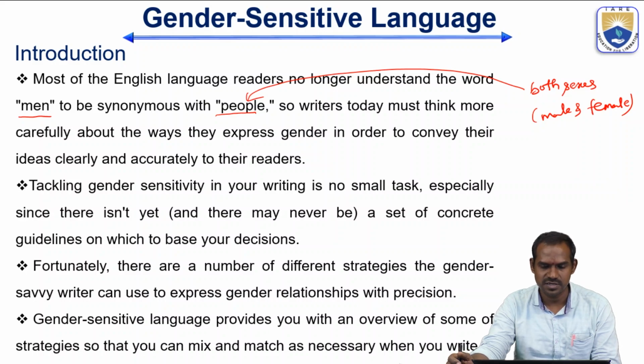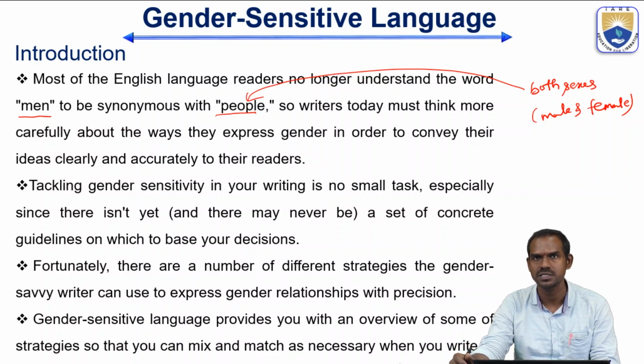So what is the conclusion? Writers today must think more carefully about the ways they express gender in order to convey their ideas clearly and accurately to their readers.